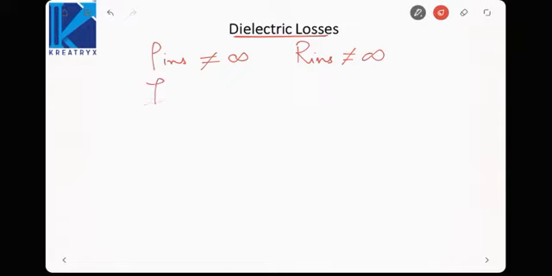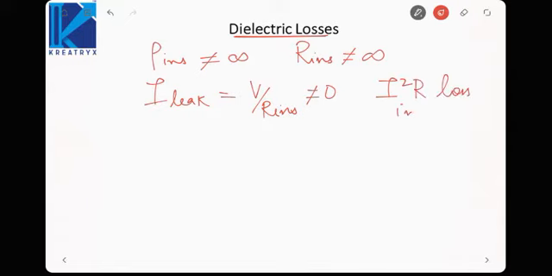That means the leakage current, which is equal to V by R insulator, is non-zero. So there will be some I square R loss in the insulator. This is due to the leakage current. Since the leakage current flows for both DC and AC, this loss is constant.